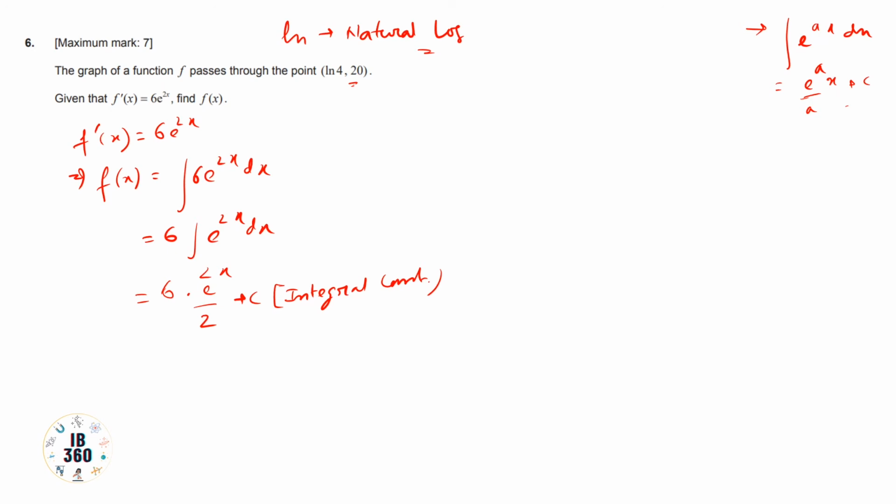So from here we are getting 3 e to the power 2x plus c. It is f of x. Now we have to find out the value of c.